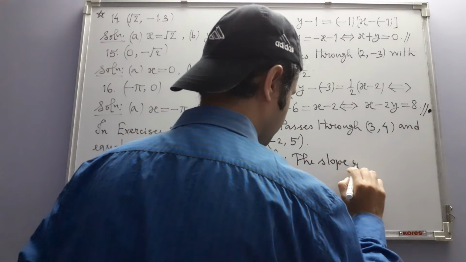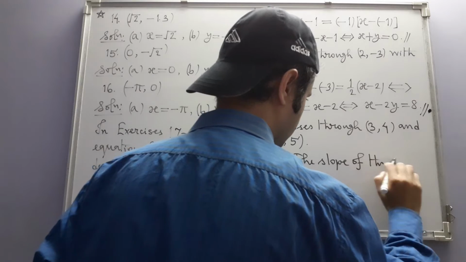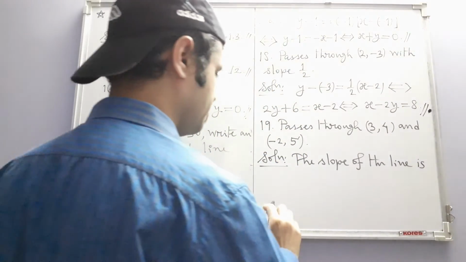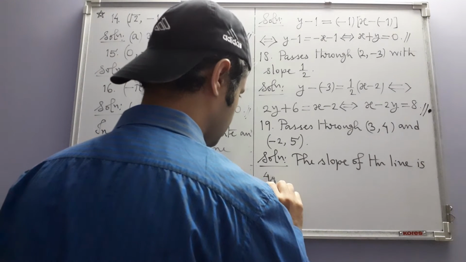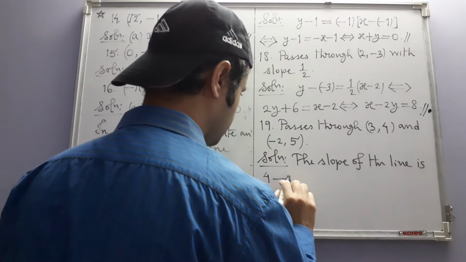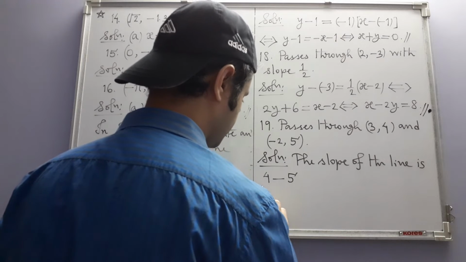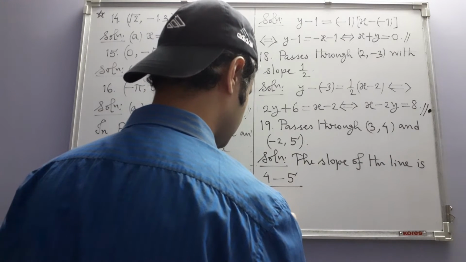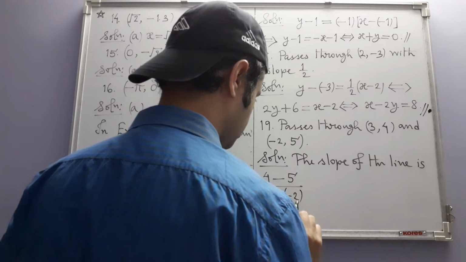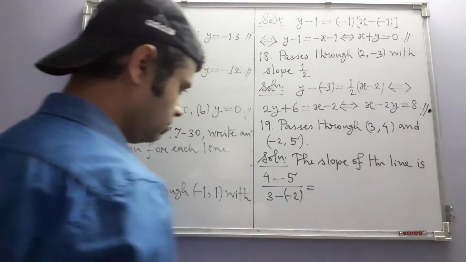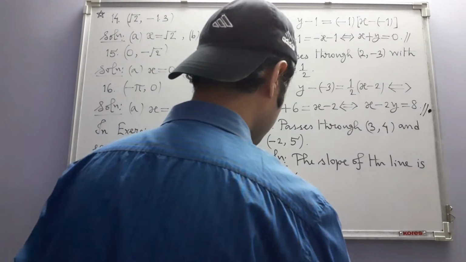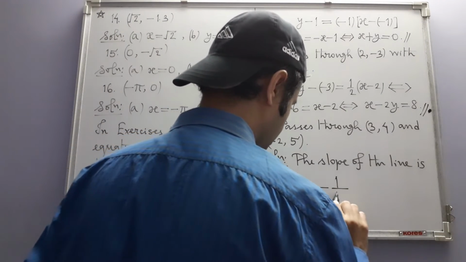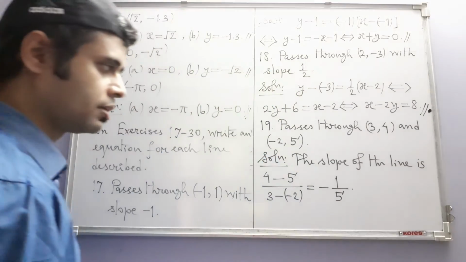The slope of the line is four minus 5 divided by 3 minus 2. That means this is minus 1, and in the denominator we have 5, minus 1 over 5.